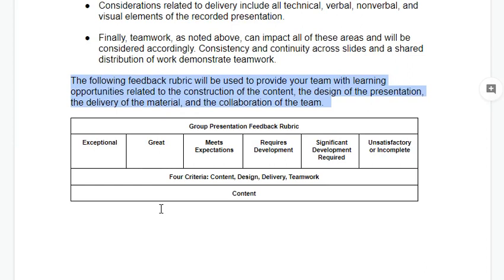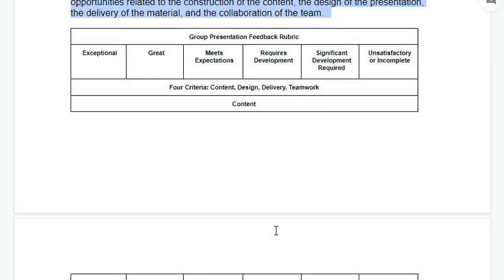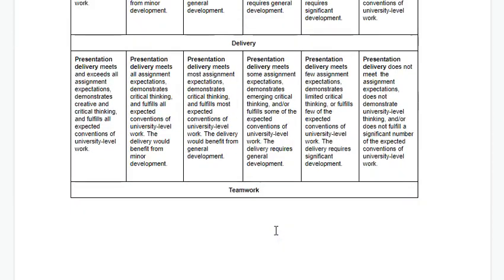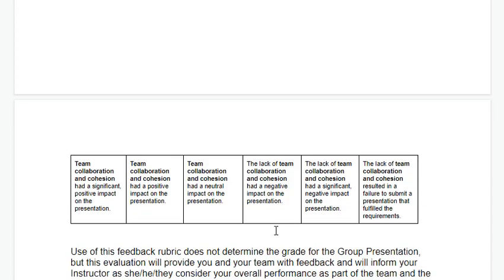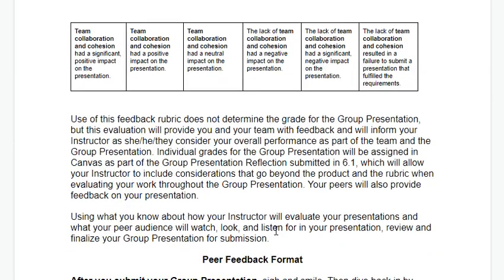Each criteria is judged by 6 different rubric criteria, which fall along exceptional, great, meet expectations, requires development, significant development required, unsatisfactory, or incomplete. And please read through on your own time. Each one of those rubric criteria for each rubric category is gone throughout that rubric.